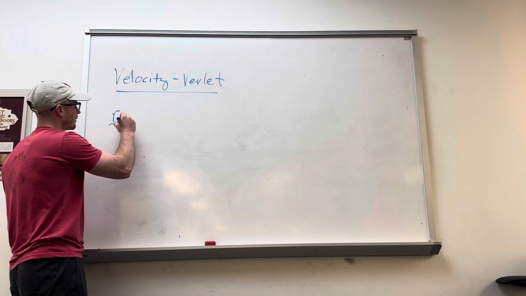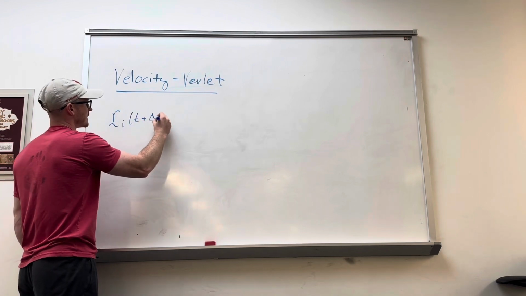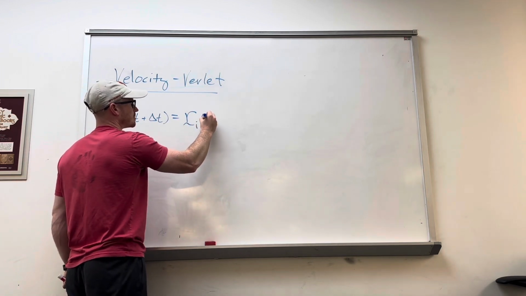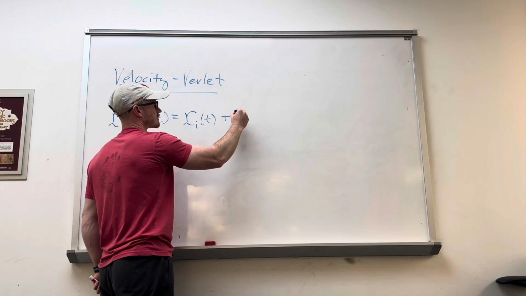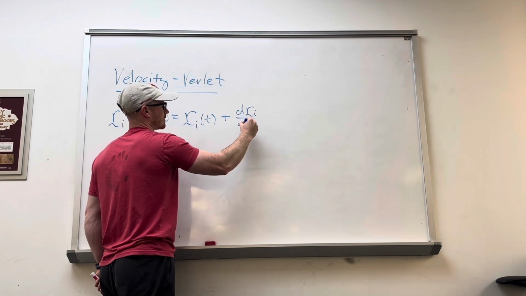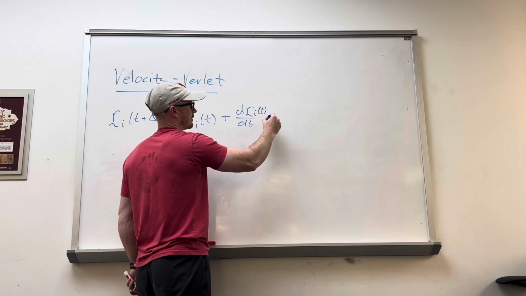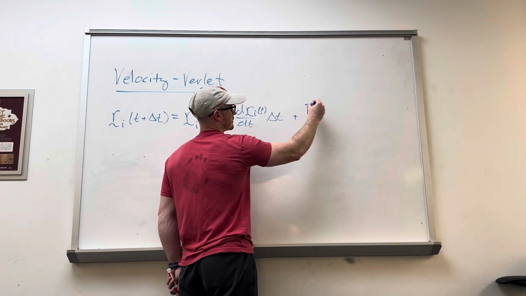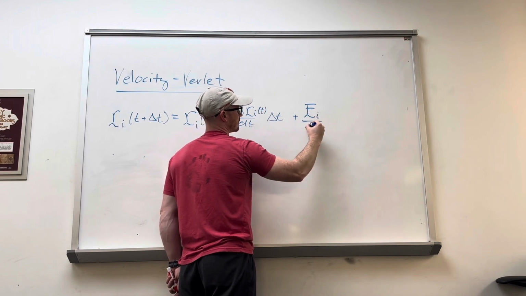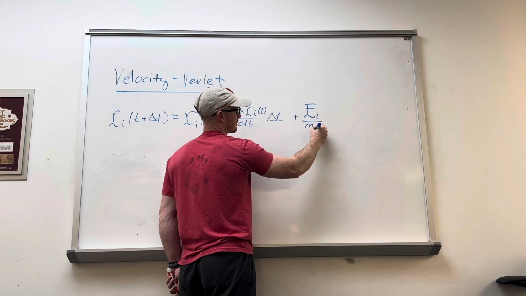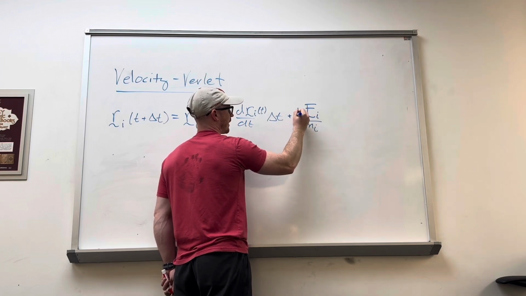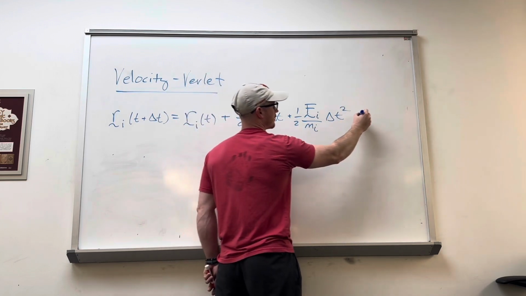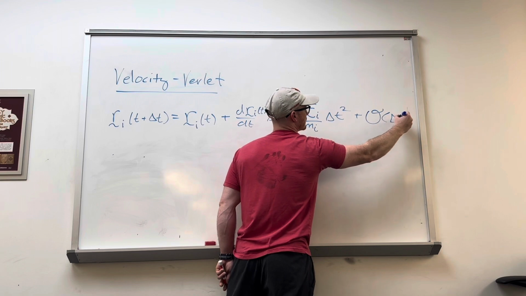So we're going to write our updated positions with the same Taylor expansion. r_i at t plus delta t is the position at its initial time plus its velocity at that initial time times delta t, plus its acceleration, and we had a factor of 1/2 delta t squared. And then of course we have our order delta t cubed terms.